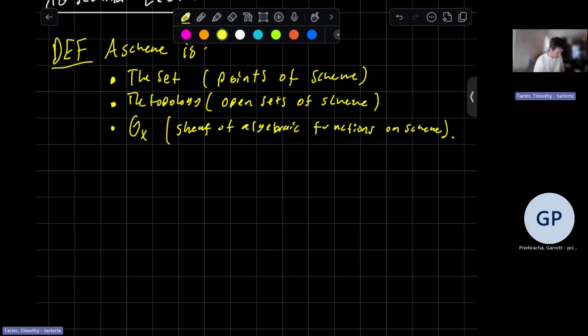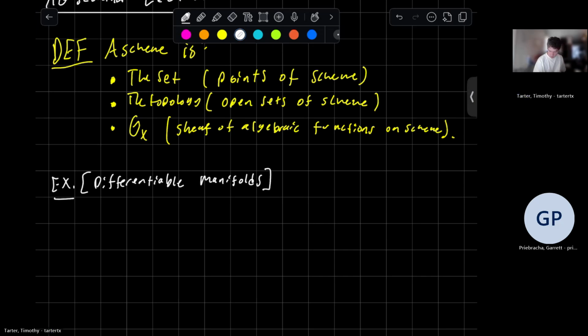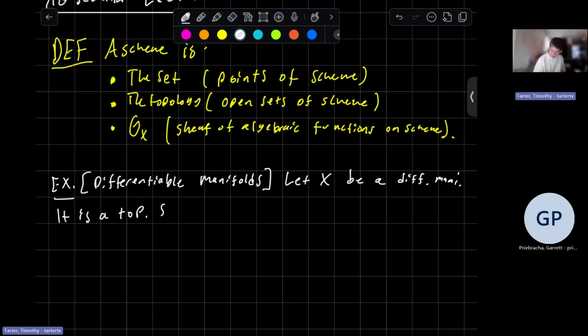So, as a first example, we have differentiable manifolds. Let X be a differentiable manifold. It is a topological space with a sheaf of smooth functions C infinity on it.